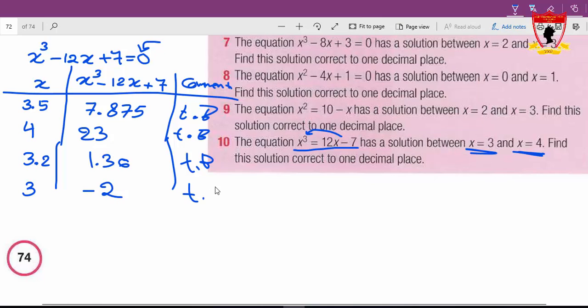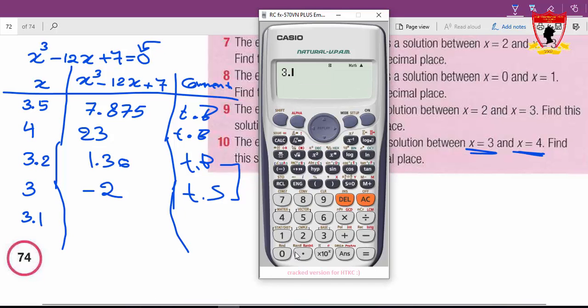This is too small. Then the solution must be between the latest too big and the too small. It's between 3.2 and 3. Let's try 3.1. 3.1 power 3 minus 12 times 3.1 plus 7.